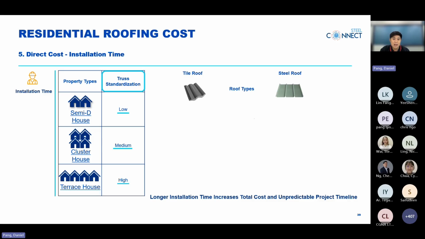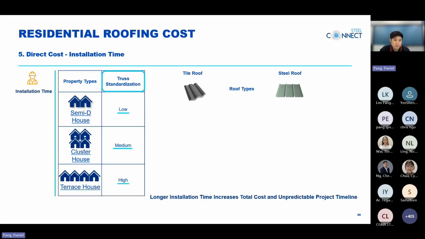So now let's compare truss usage, coverage, installation time, and also labor dependency. Firstly, tile roofs are heavier, require more truss usage and cover a smaller area per piece. This results in a longer installation time, and it is also highly dependent on skilled labor.